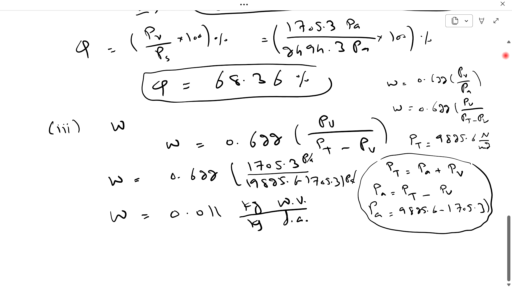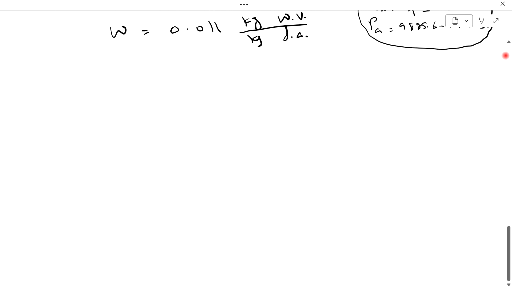Now we are solving part number 4, specific enthalpy of water vapor. The formula for specific enthalpy of water vapor from the CP Arora book is CPW, specific heat capacity at constant pressure of water vapor, into temperature of W, plus HFG.